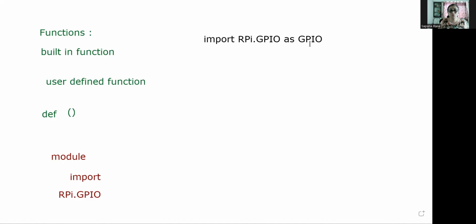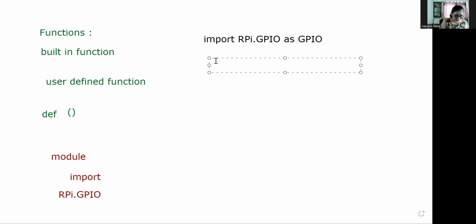But suppose you want to use the Broadcom channel numbers. Then you have to use channel numbers by setting up BCM mode.